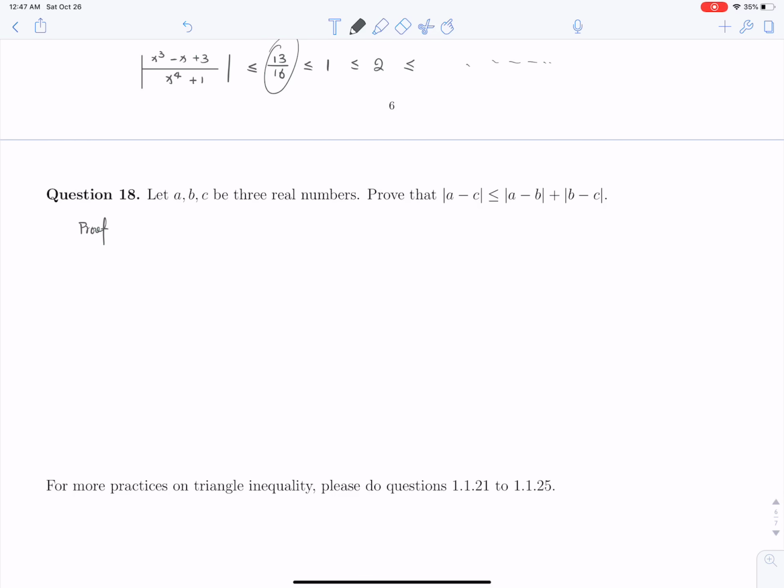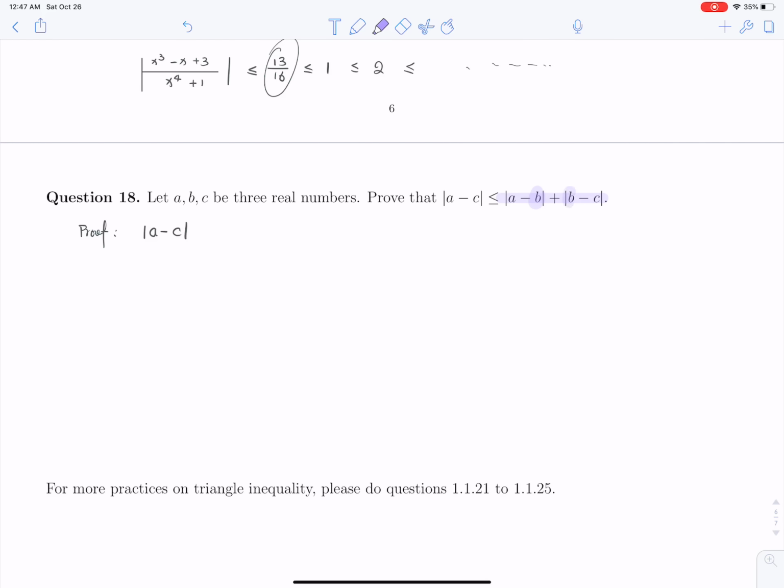Well, you see the absolute value symbol, apparently you need to use triangle inequality. So we have this. And you know that we need to prove this is smaller than or equal to this. Notice that they have B here.